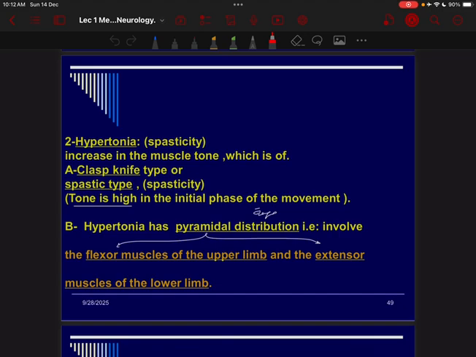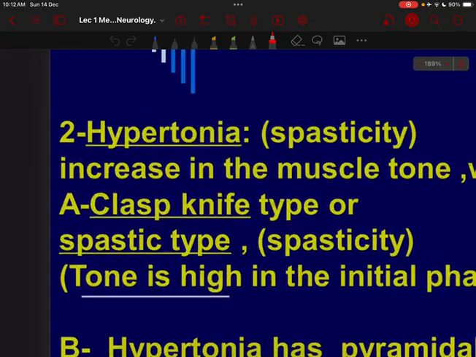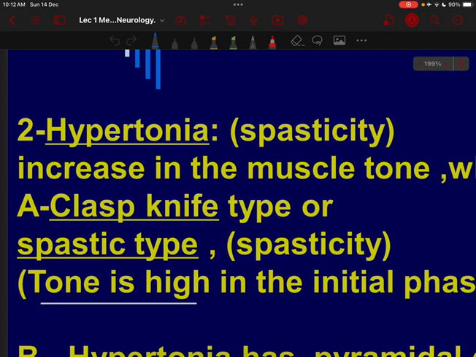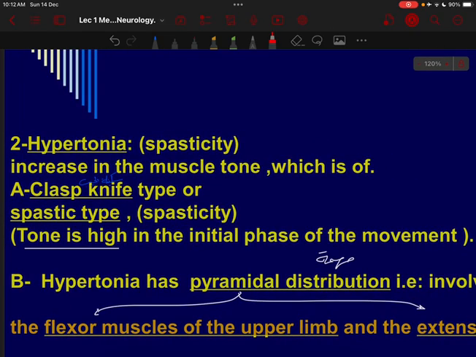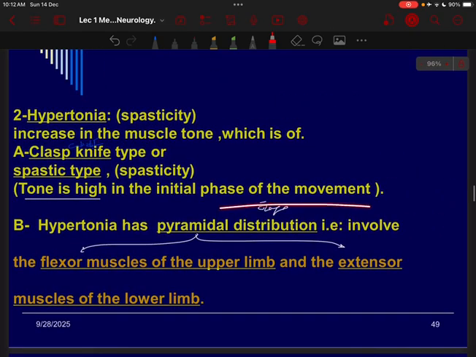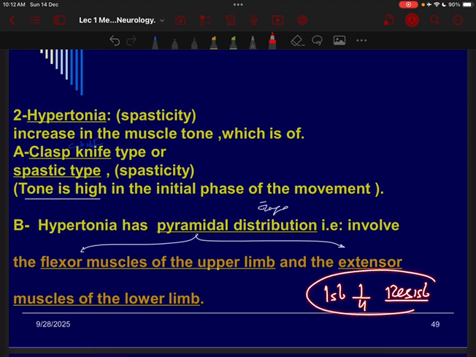It is called clasp knife, like a pocket knife: when you open it, at first there is resistance, then it gives way. The same thing with spasticity: there is increase in the tone at the beginning of the movement, then it gives way. Called spasticity. This term is important.